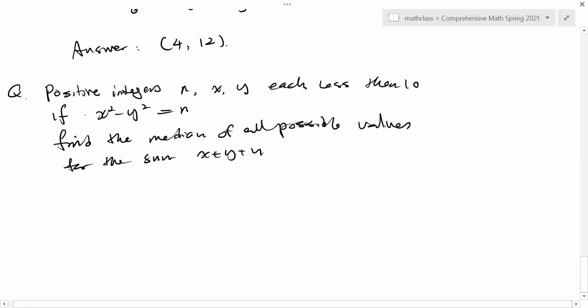So what we're trying to do is find the solutions, right? There are only finitely many solutions, because x, y, n are all less than 10.